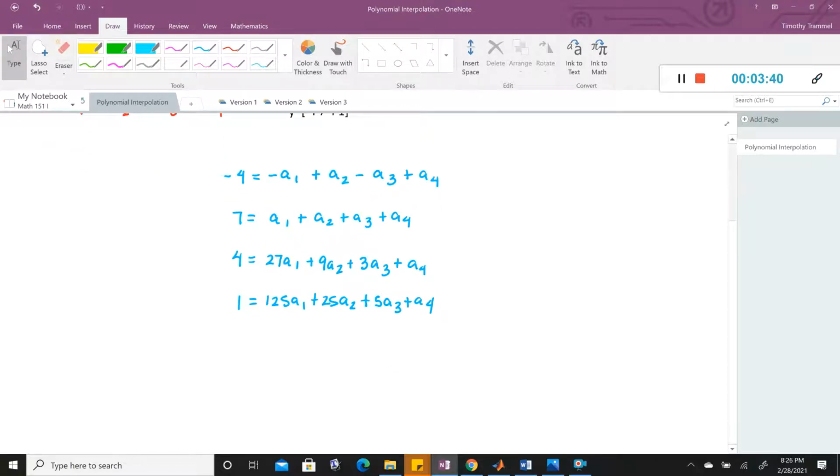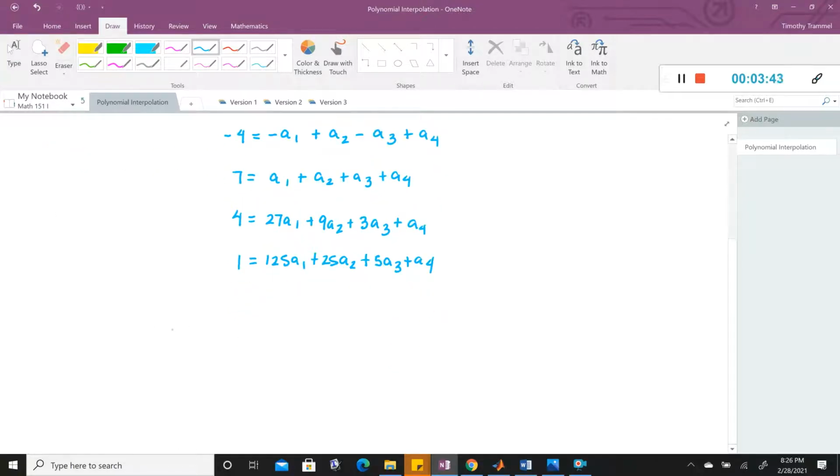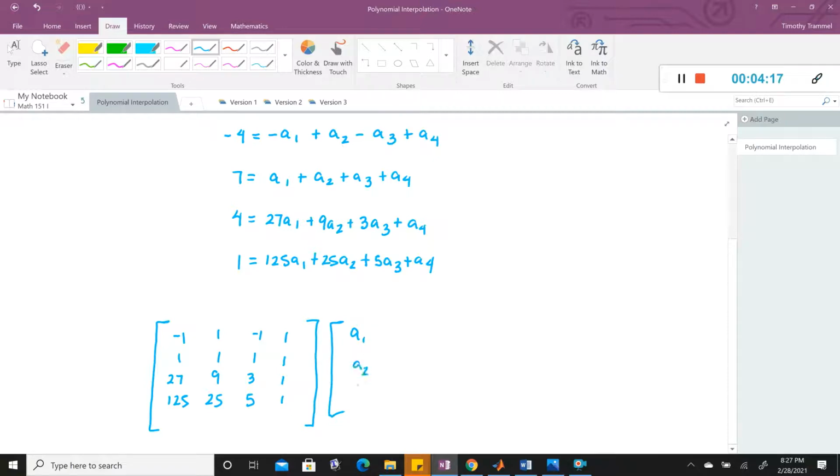If we were to write this in matrix form, it would look like -1, 1, 27, 125, 1, 1, 9, 25, -1, 1, 3, 5, 1, 1, 1, and 1, and then times a1, a2, a3, a4 is equal to -4, 7, 4, 1.